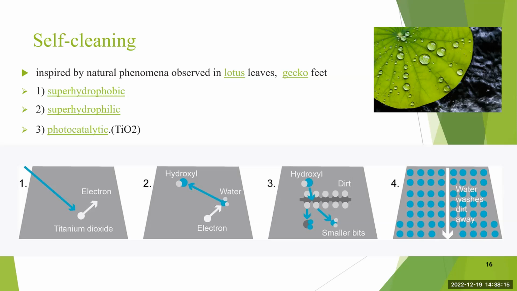We apply titanium oxide on the surface. Okay, so it becomes photocatalytic because it is actuated. It is reactive using photo. It means the UV radiation, like the sun, reflects on the surface. Then it produces some electrons, some radicals that can interact with the dirt. They disturb the dirt.